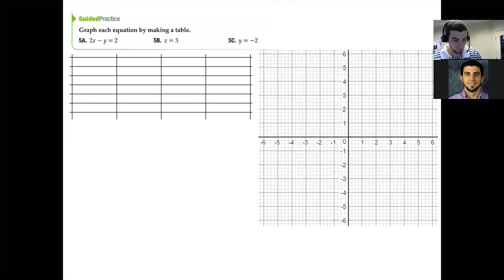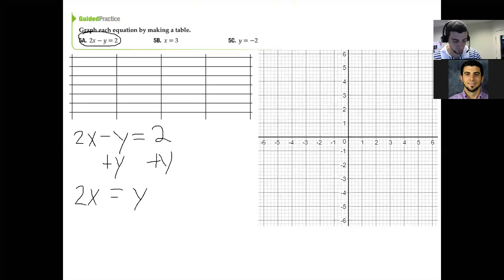So the first one, 2x minus y equals 2. What I'm going to do is take this and solve it for y. I'm going to add y to both sides. Get 2x equals y plus 2, subtract 2, and you get 2x minus 2 equals y.